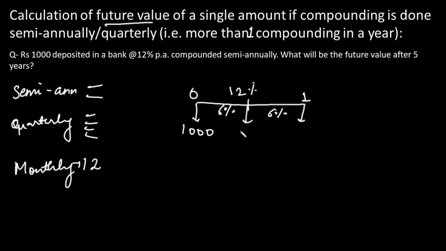So यहाँ पे हमें 6 months के बाद we'll get our amount at 6%, which will be 1060. And then after 6 months again, we'll compound it at 6% and we'll get 1123.60 around some amount, which is different than 1120, right?